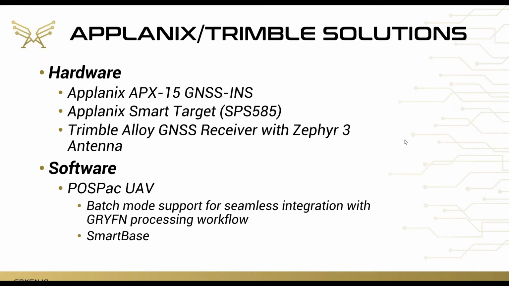And on the software side, we're of course using Applanix Postpack to post-process the trajectory data. And we've integrated that to work seamlessly within our software. So our software actually will run Postpack UAV in the background, so that really allows for a seamless integration for the user experience. And within the Postpack system, we're using SmartBase. Like Brad mentioned, it's been really great for processing when you have a good distribution of core base stations.